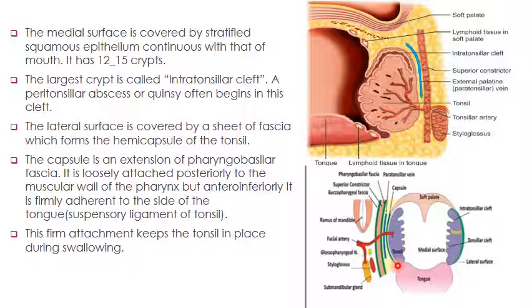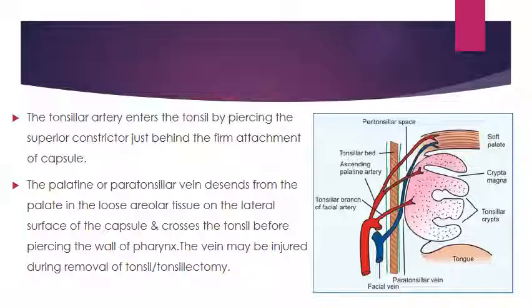It is basically an extension of the pharyngobasilar fascia, and it is loosely attached posteriorly to the wall of the pharynx, and anteroinferiorly it is adherently attached to the side of the tongue by the suspensory ligament of the tonsil just in front of the insertion of the palatoglossus muscle, and this firm attachment keeps the tonsil in place during swallowing.